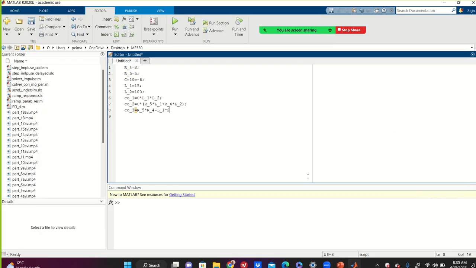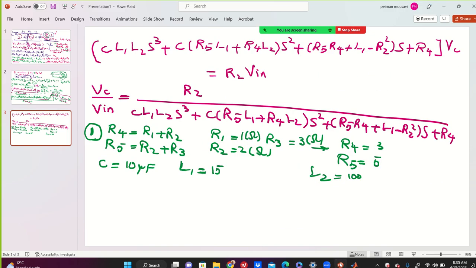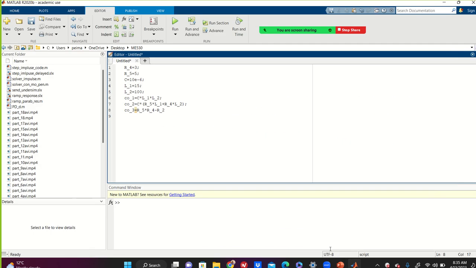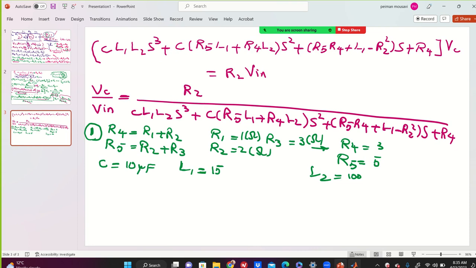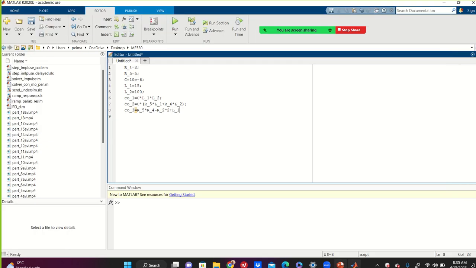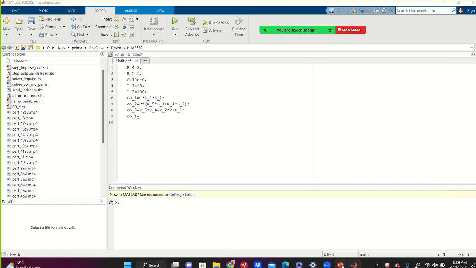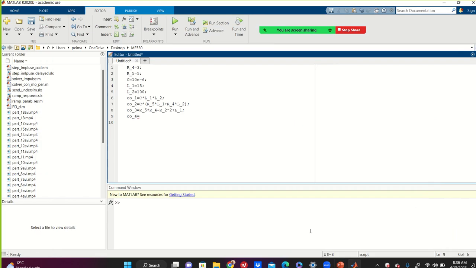plus L1. Oh, minus what is square? R2 squared, minus, plus L1. Guys, can you please check this for me also, because I'm typing the correct parameters. Can you hear me, everyone? Yes, we can hear you. Yeah.